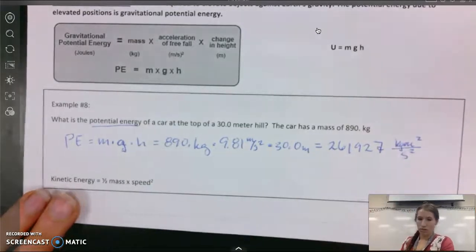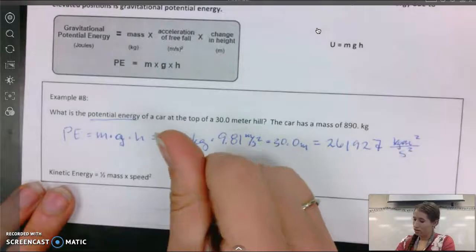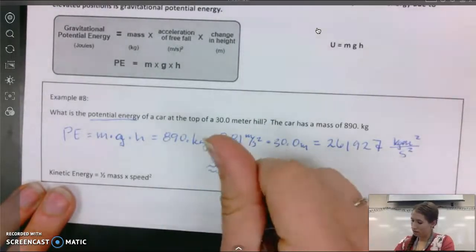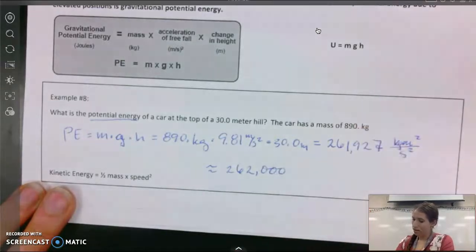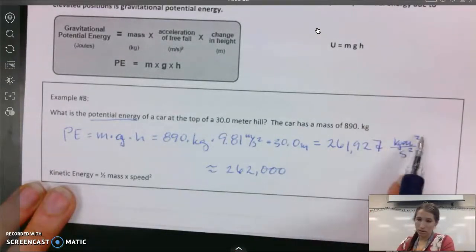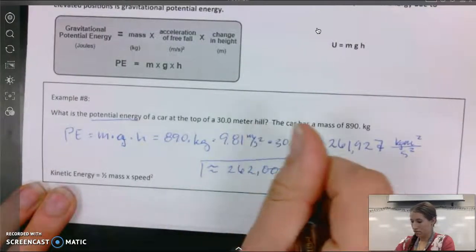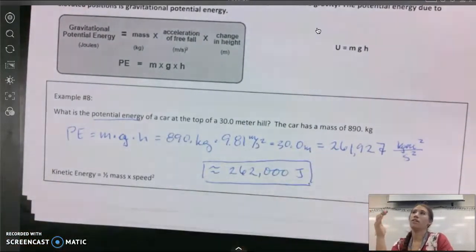Okay, sig figs, 3 sig figs across, so we would have 262,000. And then final units, well, a kilogram meter squared per second squared is just a joule. Okay, we saw this when we were talking earlier about energy and work, units of joules.